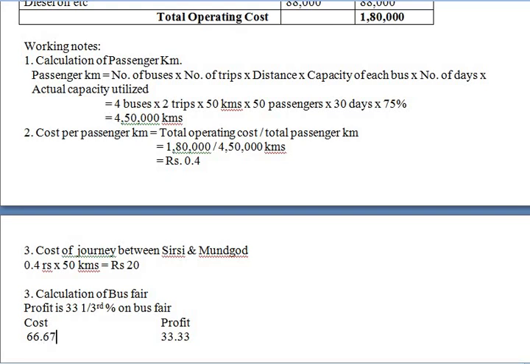right? So they are selling it at 100 rupees. Okay, so expenses incurred. On that, if we are calculating 33 1/3, that will be 33.33. 100 minus 33.33 is 66.67. So cost incurred.